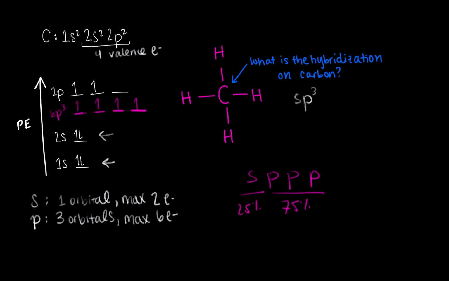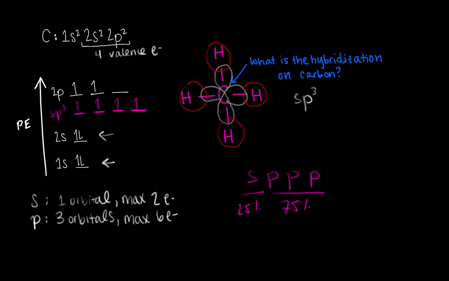Now, if we take a look at the molecule, what that's going to show us is that we have those sp3 orbitals surrounding that carbon, and we have s orbitals on the hydrogens.